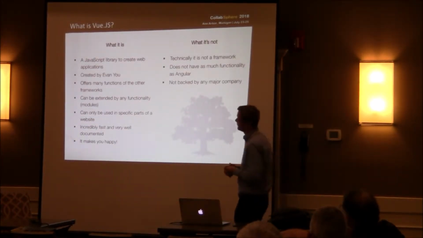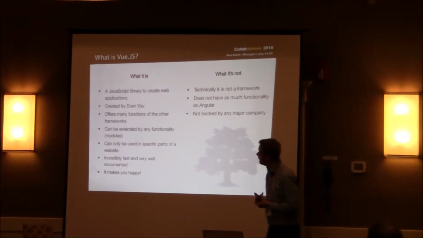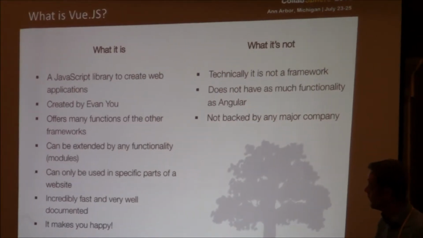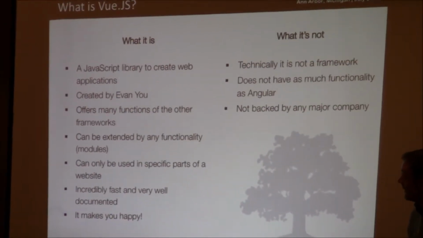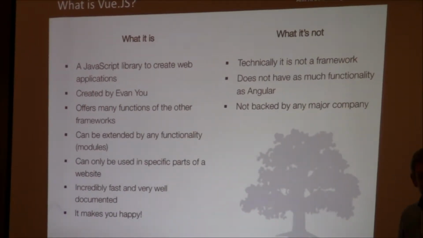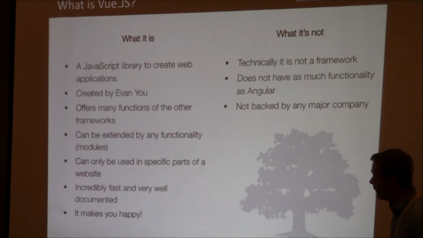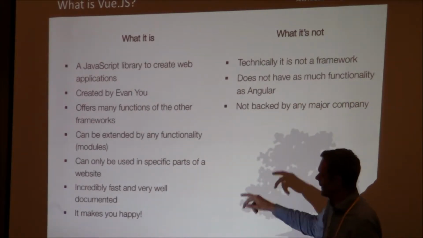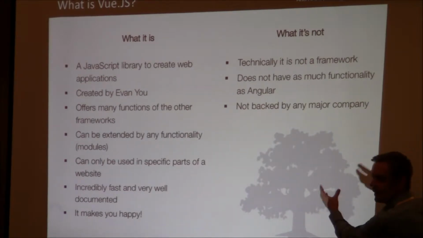What is Vue.js? A JavaScript library to create web applications, created by Evan You. It offers many functions of the other frameworks and can be extended by any functionality. That's good. If you need more, you can always have more. It says it can only be used in specific parts of a website. I think this is a wrong translation. It can be used in parts of a website only.